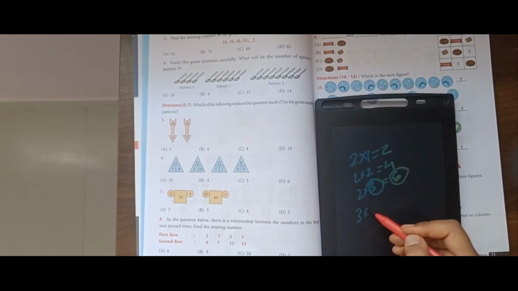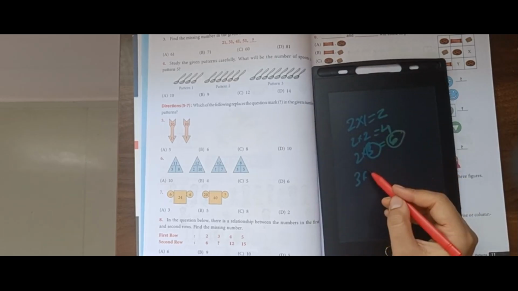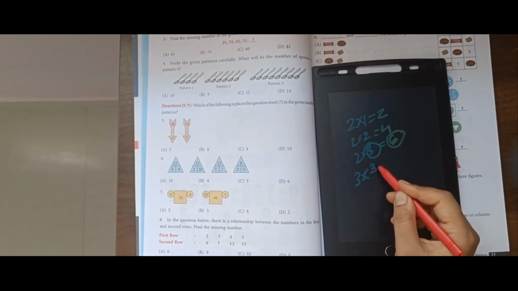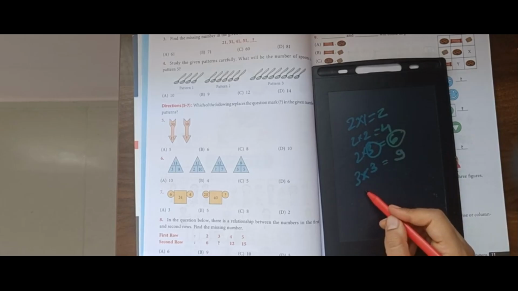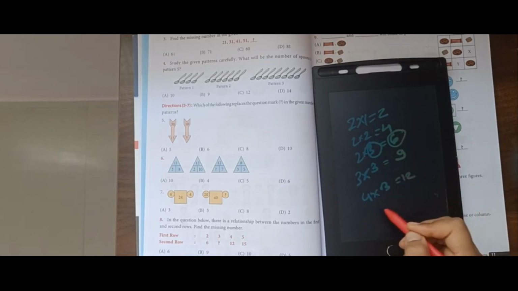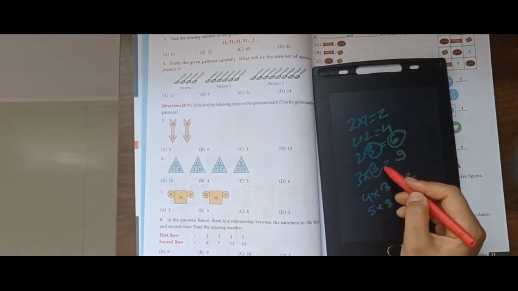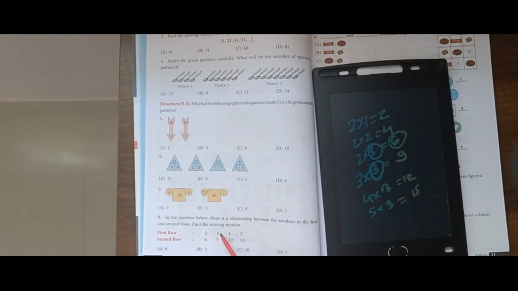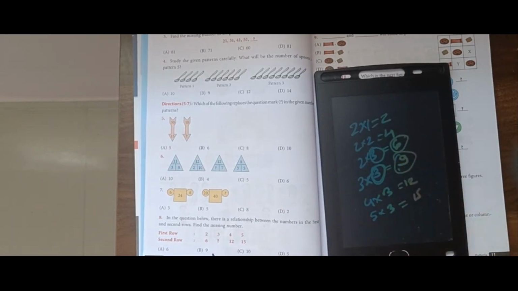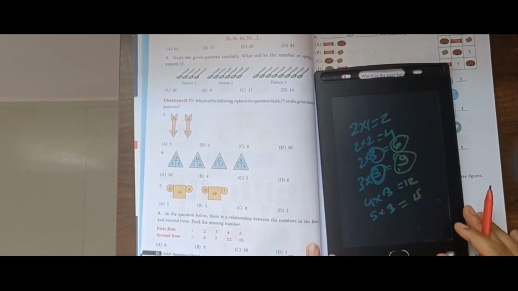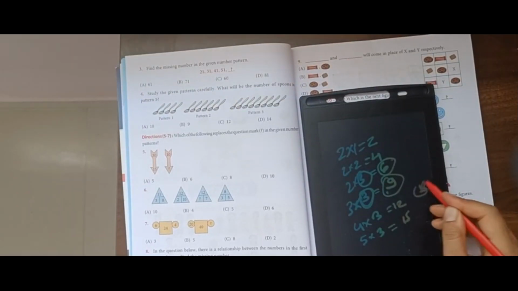If you can read 3 skip counting, 3 3s is 9, 4 3s is 12, 5 3s is 15. So what do we get? 3. So 3 3s is 9. So 9 is the answer. Answer is B.